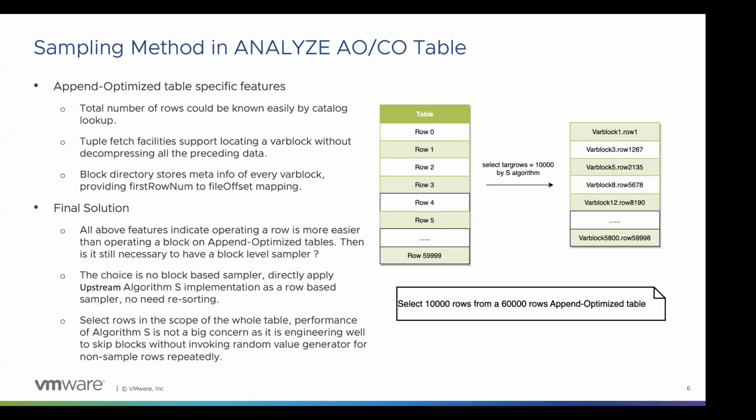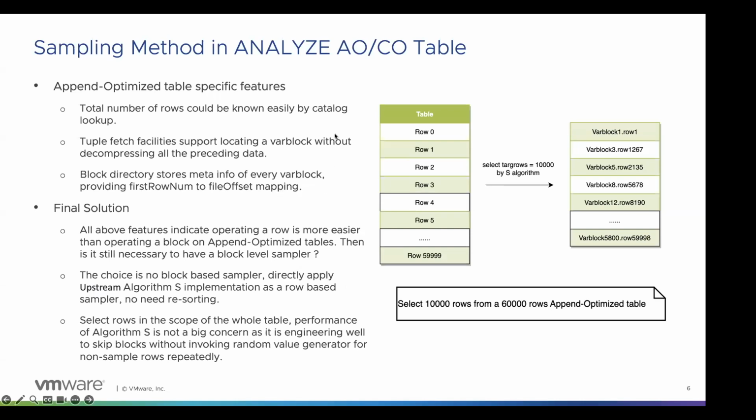This is a very important mapping, because when we scan the block directory we get the block's first row number, but we still need to know the block file offset corresponding to the first row number. Then we can jump to that block. Otherwise, we can't. So this is very important information we can leverage.